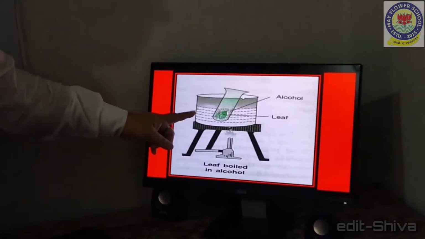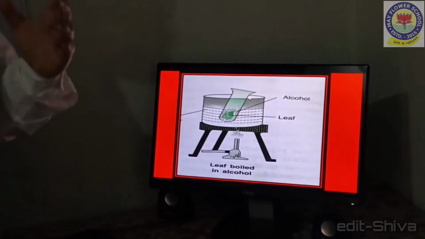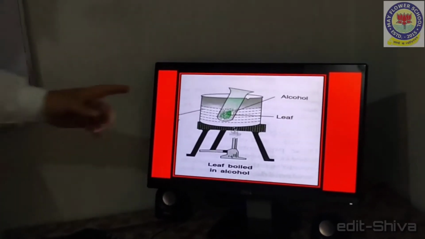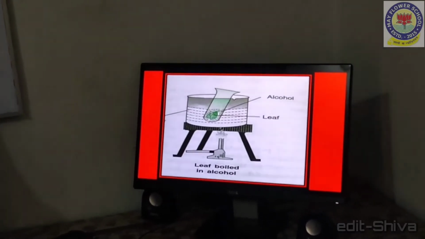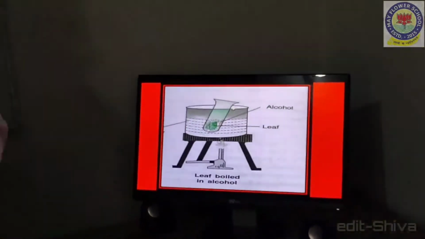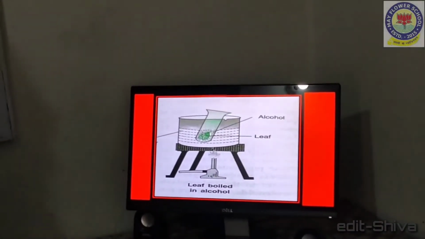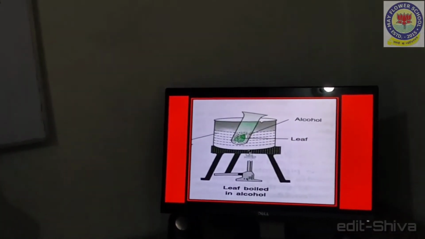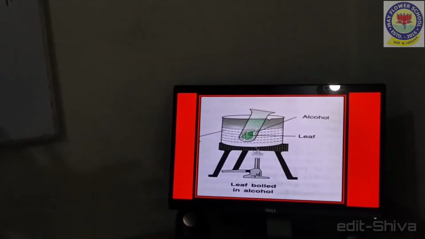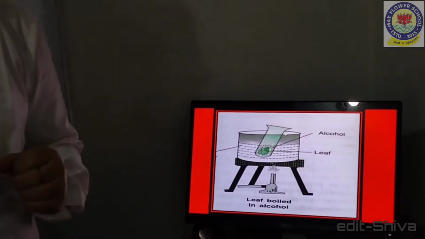When the water in the water bath becomes warm, the alcohol present in the test tube starts boiling. After a few minutes of boiling, you will observe that the leaf becomes discolored. This is called bleaching of leaves.